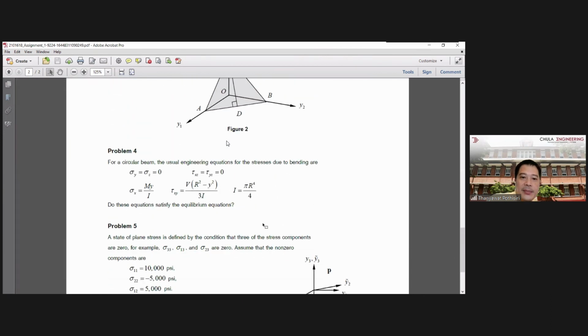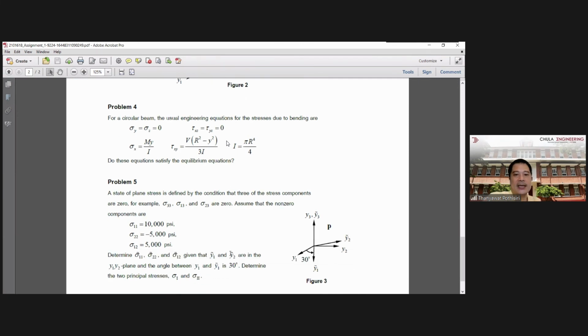In problem 4, you are given a certain set of stress functions and asked to verify whether these equations satisfy the equilibrium equation. So we have to adopt the differential forms of the equilibrium equations and see if you can use this information to verify that.